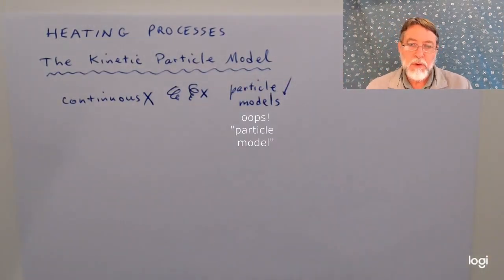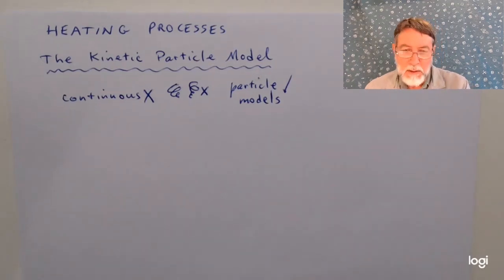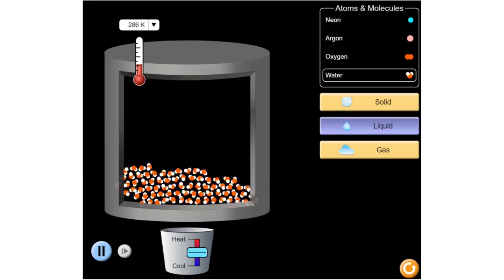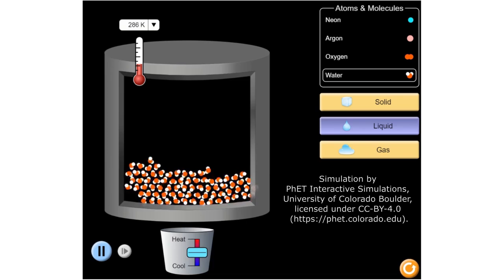We're going to go to a PhET simulator. So let me just click over here. Right, so here is a simulation of matter, and you can see that we're in a container.